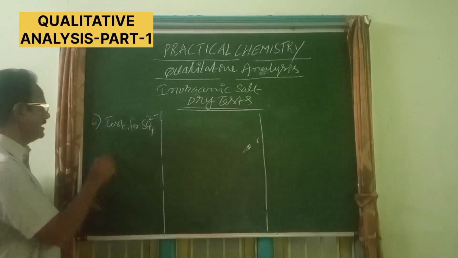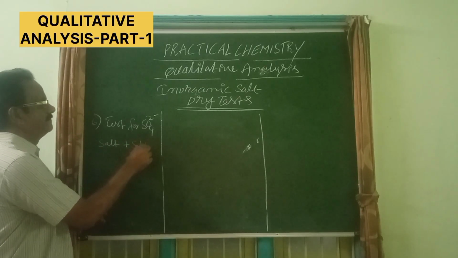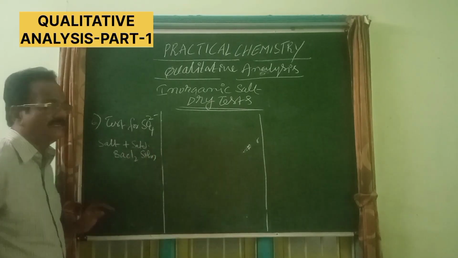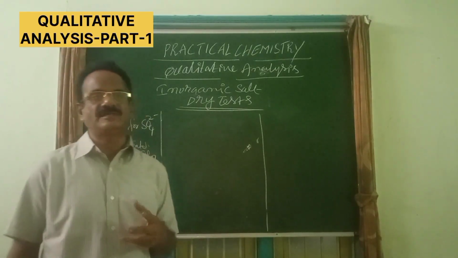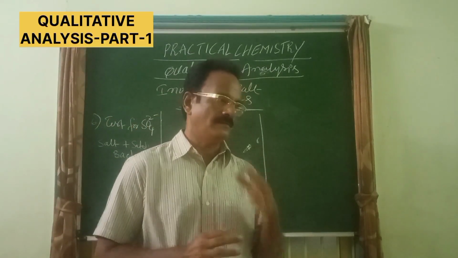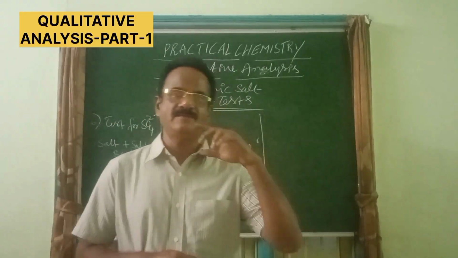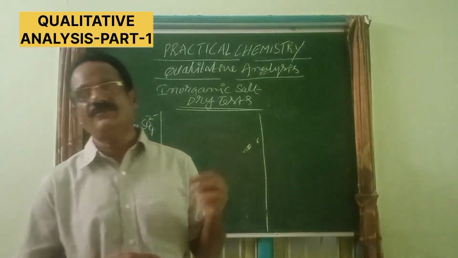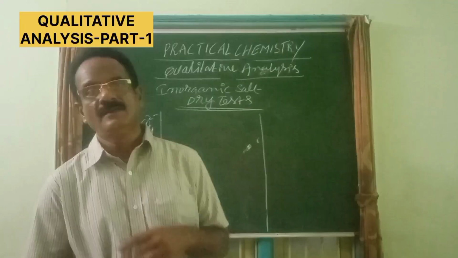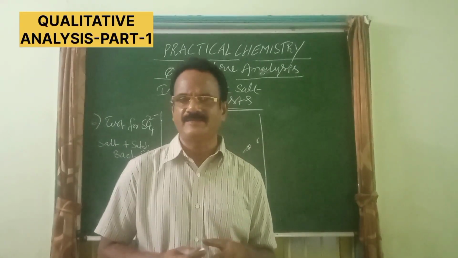Here the salt is to be added with saturated BaCl2 solution. Saturated barium chloride solution is an aqueous solution. It is prepared by adding excess of barium chloride to the water. If you observe in the bottle, some barium chloride remains undissolved at the bottom because BaCl2 is a sparingly soluble salt, keep in mind.